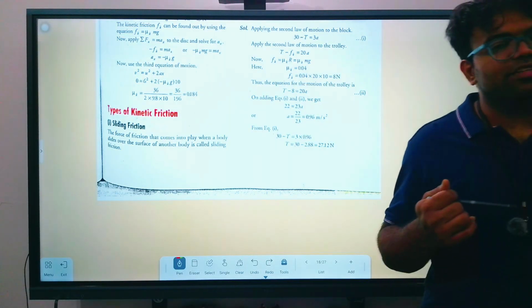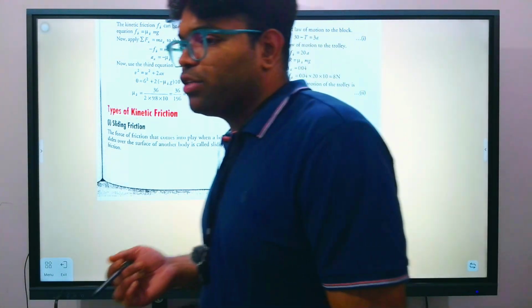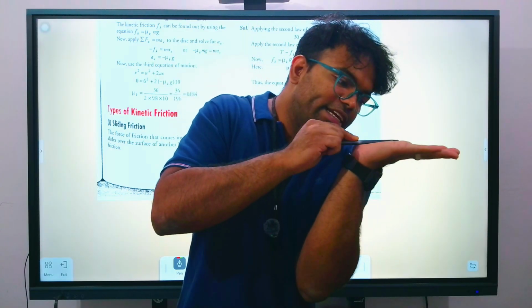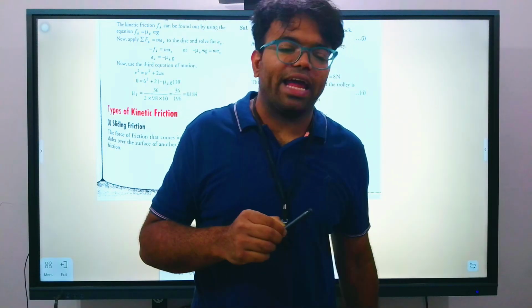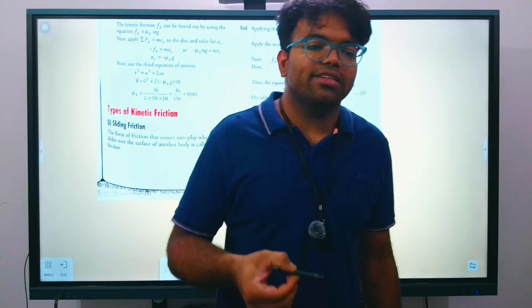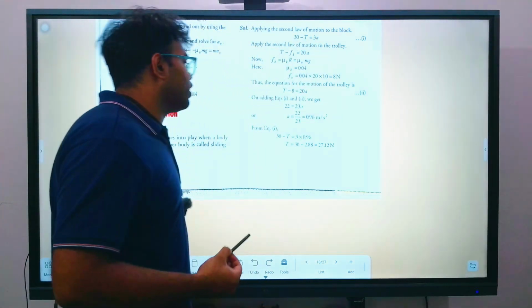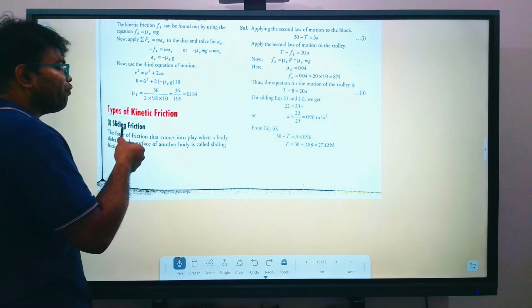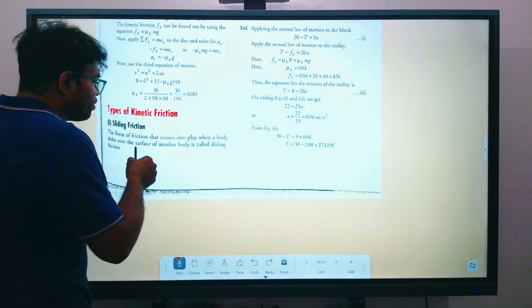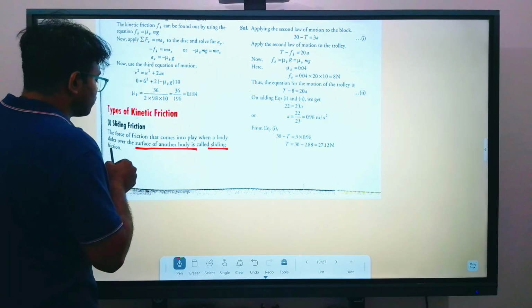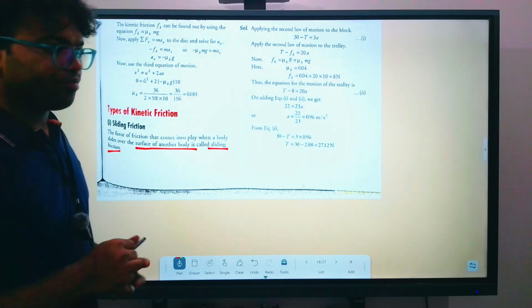One is called sliding friction, where one object literally slides over another object. The other is known as rolling friction. The force of friction that comes into play when a body slides over the surface of another body is called sliding friction.